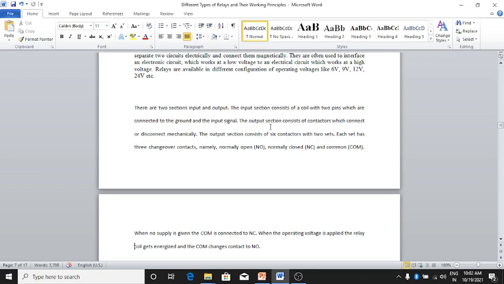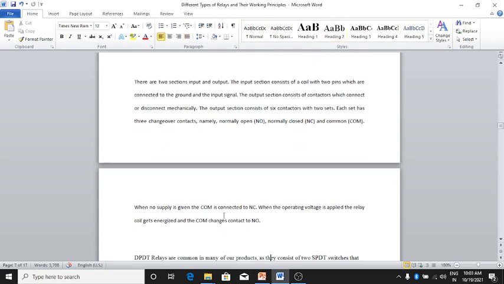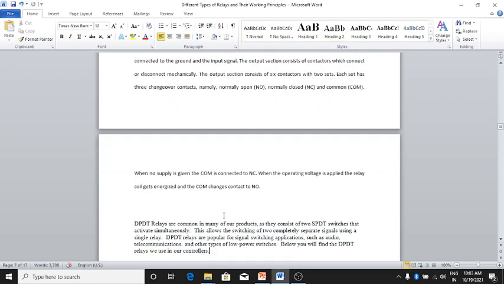The output section consists of contactors which connect or disconnect. The output section consists of 6 connectors in 2 sets. Each set has 3 changeover contacts: normally open, normally closed, and common contact. Clear? When no supply is given, the common is connected to normally closed.